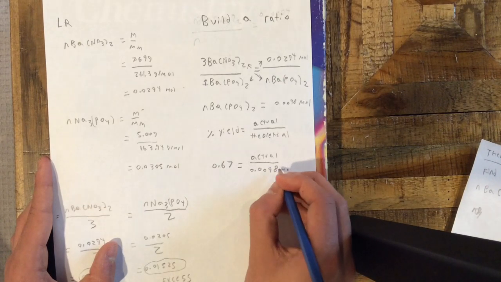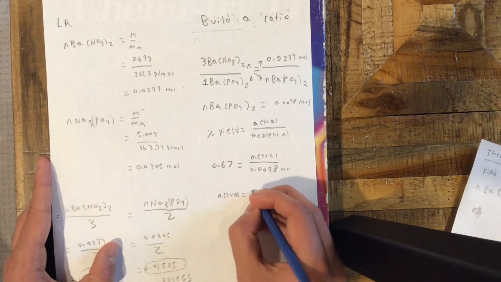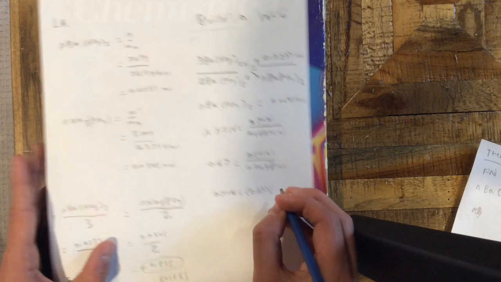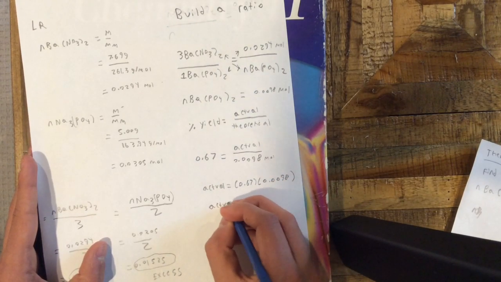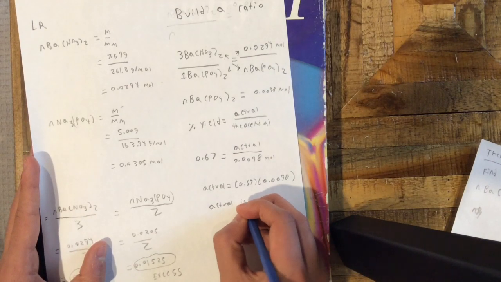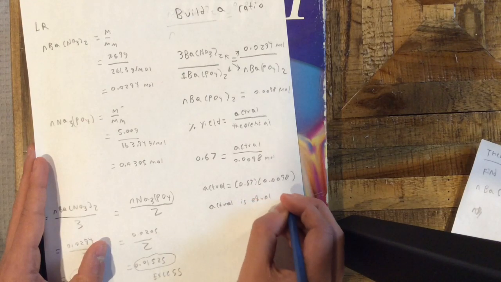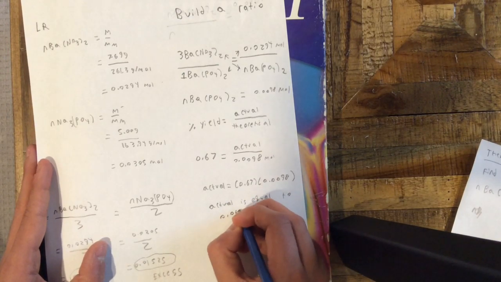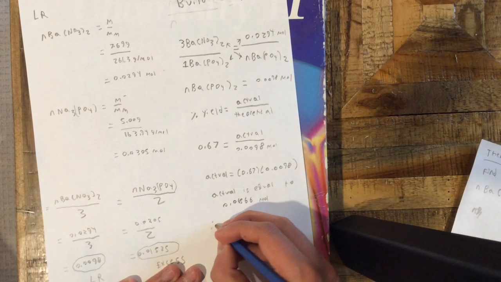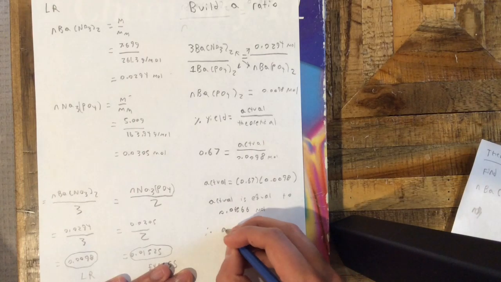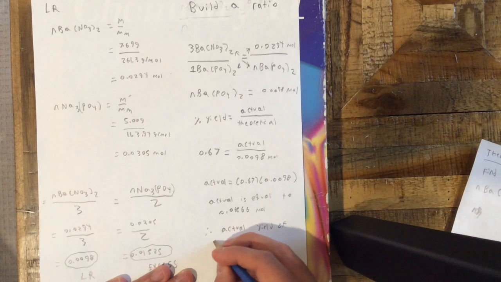So what we do is we multiply this by this, we get our actual yield is equal to 0.67 multiplied by 0.0098, and we find out that our actual yield is equal to 0.06566 mole.